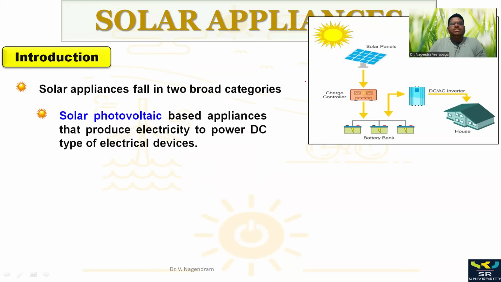The solar energy incident on the solar panels is converted directly into electricity. That is direct current, which we store in batteries, and using a DC to AC converter, after converting into AC, we use it in our houses.